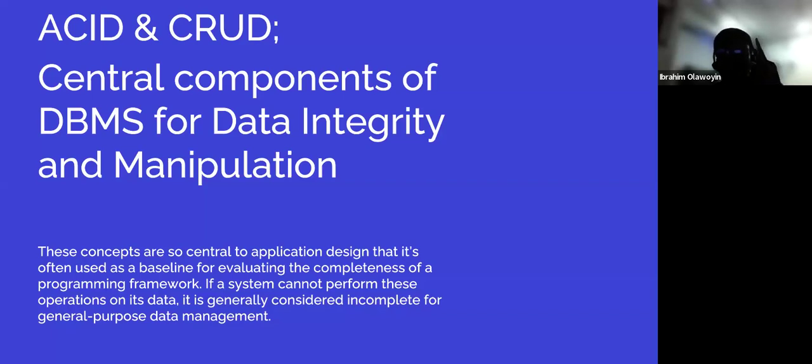These qualities are basically two. The first one is ACID, an acronym, and the other one is CRUD. The former enforces data integrity, while the latter is concerned with data manipulation.